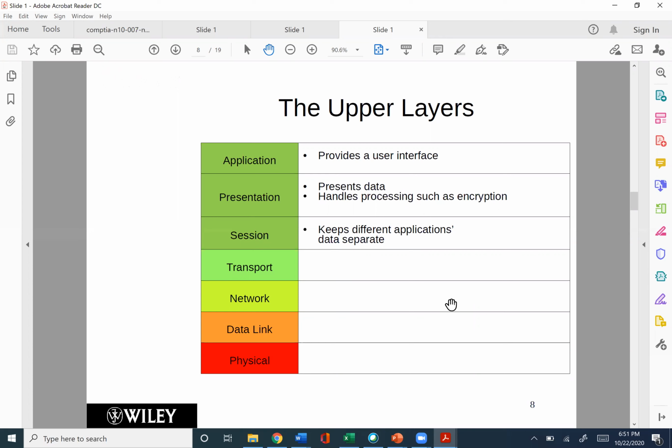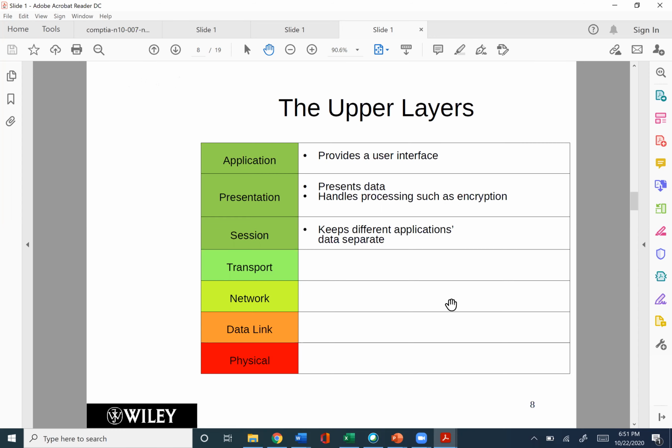The session is what establishes the link between those two applications that are trying to communicate. The presentation handles encryption. Every time you think encryption, think presentation. And the application is the user interface, the GUI, which we see right here in front of us. If you see Windows, Microsoft, Adobe, or right now what we're looking at, Zoom.